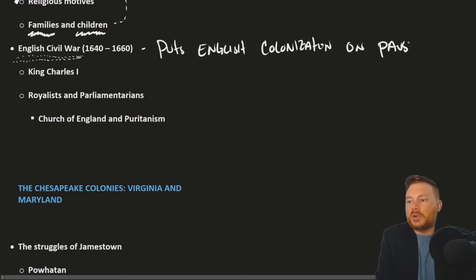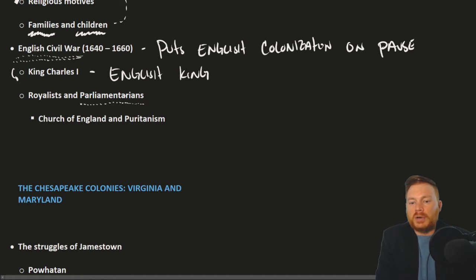The focus on the New World doesn't matter anymore because back at home in England, people are literally killing each other. The English king at the time, King Charles I, goes to war with the parliamentarians.